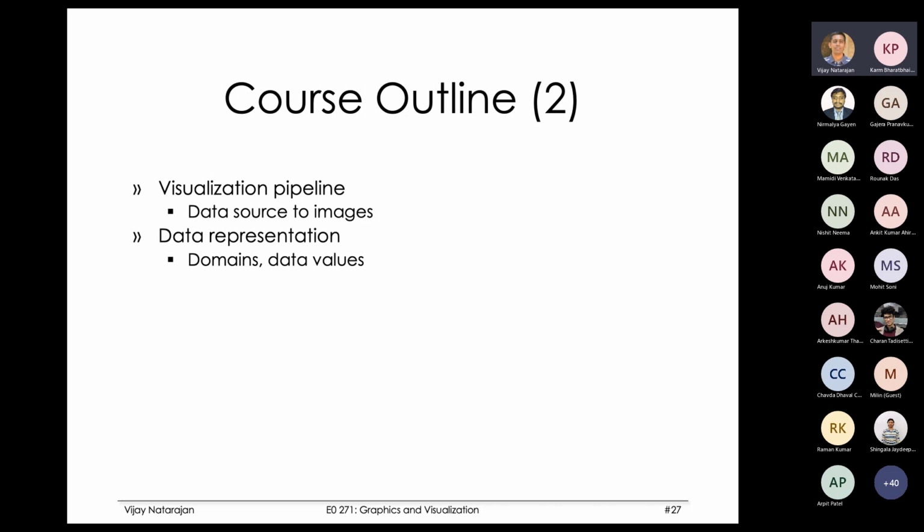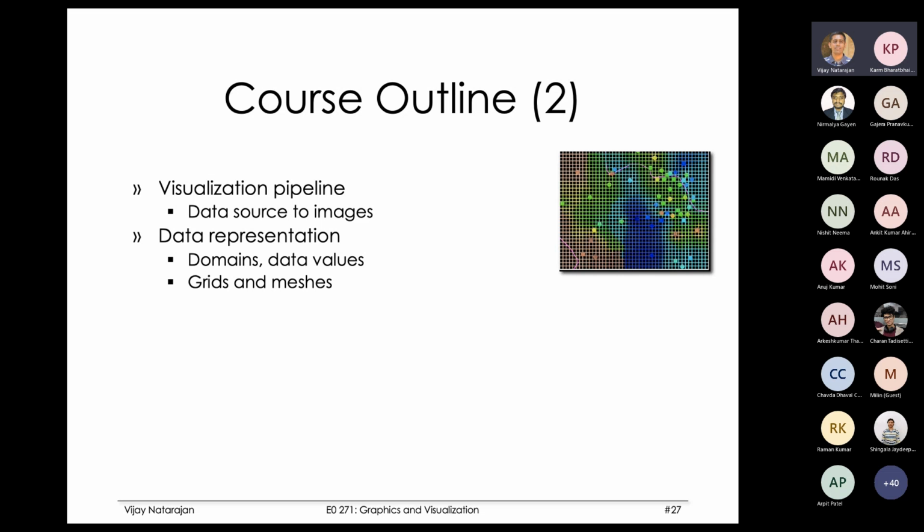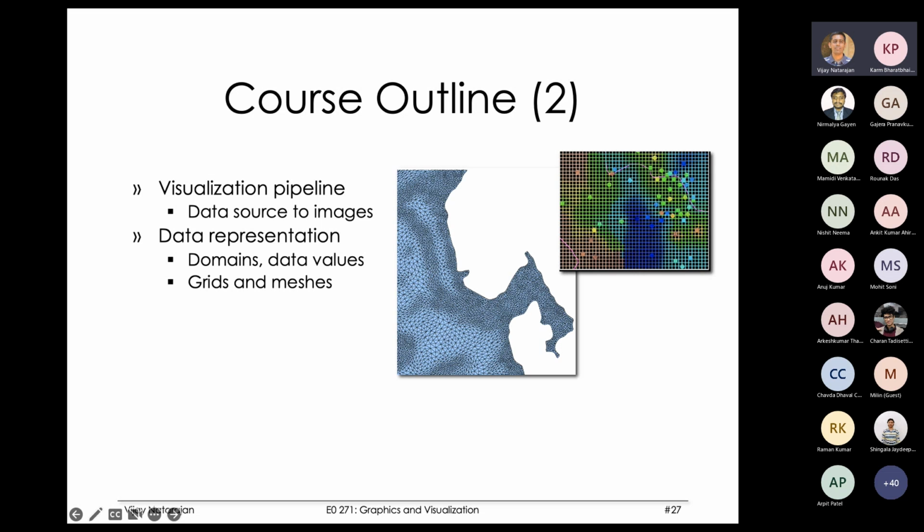How do you go from data to images? What kinds of domains do we want to represent? How do we represent these domains, either as grids, like what you see here, or as a collection of points within this grid structure, or a triangle mesh, a collection of triangles that represents your domain?